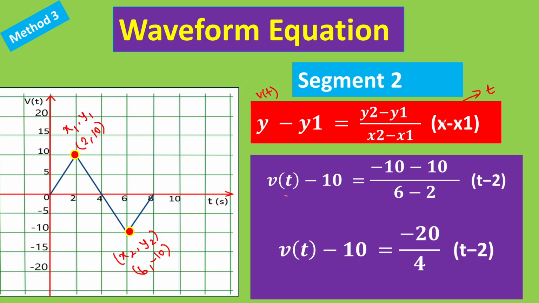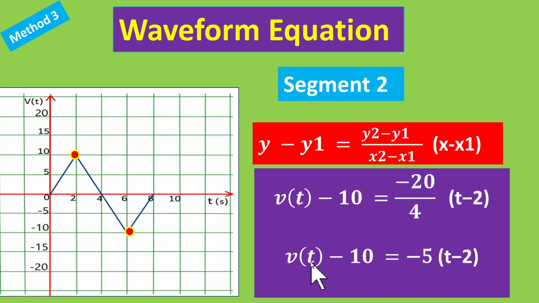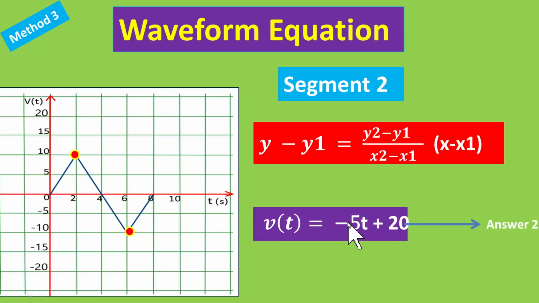Okay, so this is v of t minus 10, that is equal to y2 is minus 10 minus y1 is 10, divided by x2 is 6, x1 is 2, into t minus 2. So v of t minus 10 equals minus 20 divided by 4 into t minus 2. So v of t minus 10 is equal to minus 5 into t minus 2, so minus 5t plus 20. So you got the second answer. This is for the time period 2 to 6 seconds. So we have done it for the second segment.